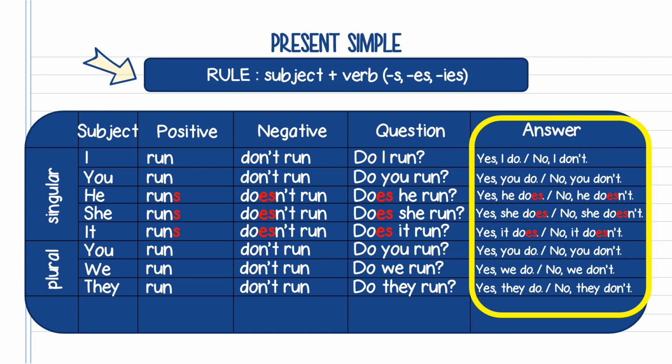Now we look at the plural subjects. You, we say yes you do or no you don't. For the plural subject we say yes we do or no we don't. For the plural subject they, we say yes they do or no they don't.